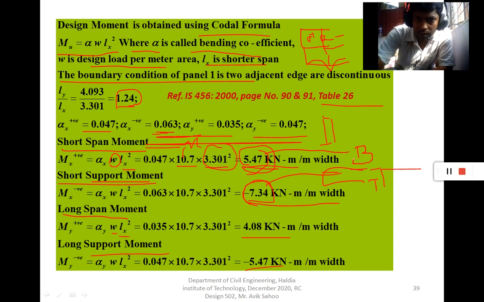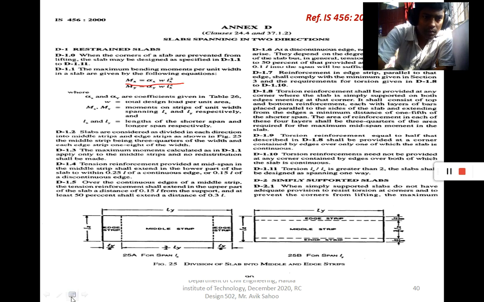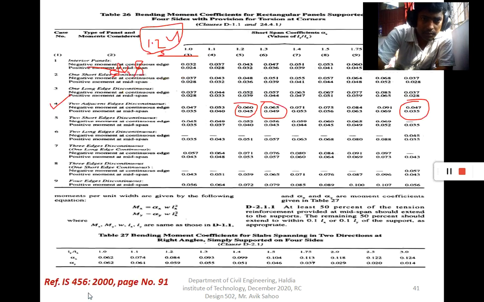For span moment, reinforcement is applied at bottom. The codal provisions are shown here using the formulae for Mx and My, and using this Table 26.